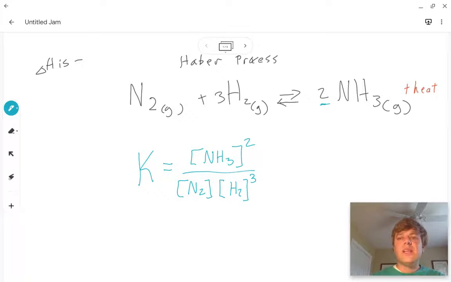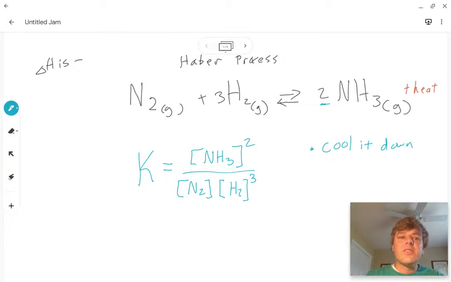Now, if we were trying to force this reaction to go towards the product side so that you can actually make ammonia, one thing you can do, since this reaction generates heat, is cool it down.